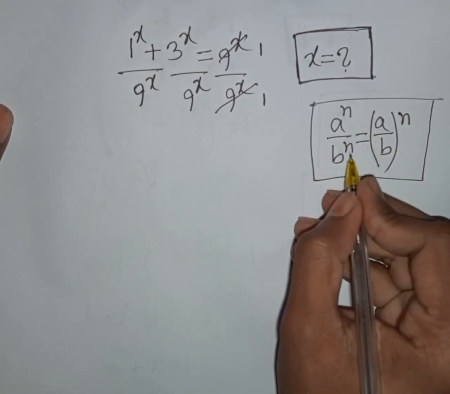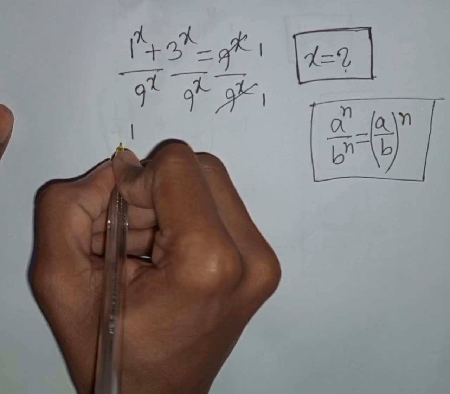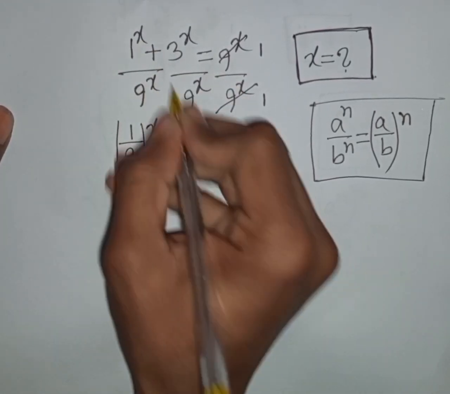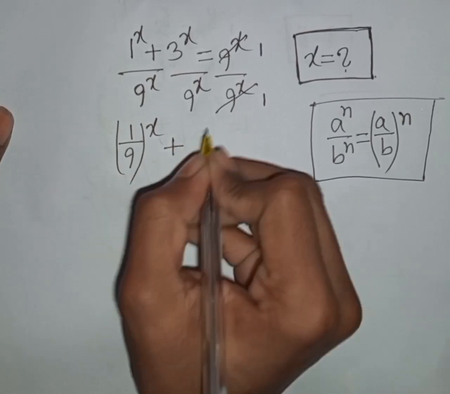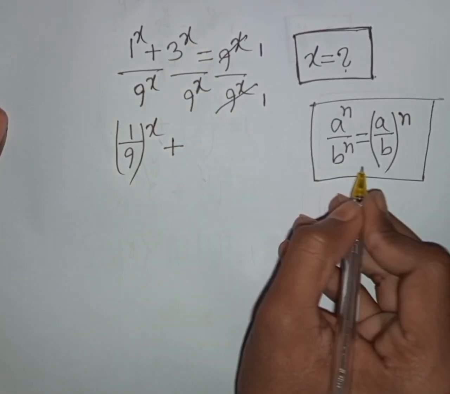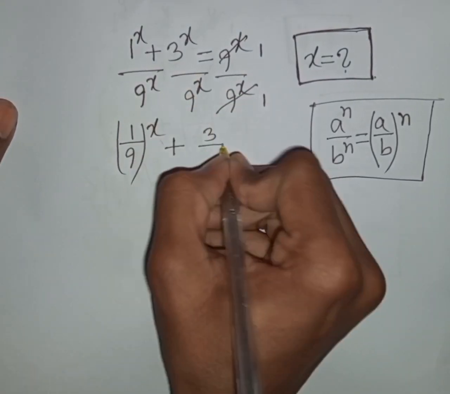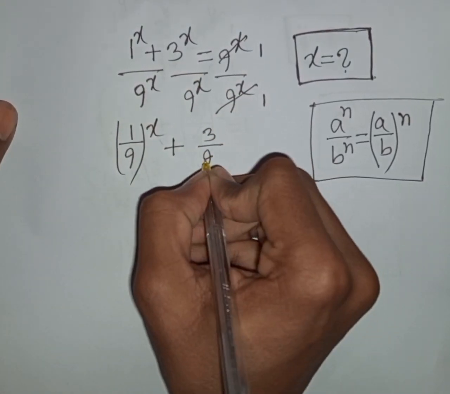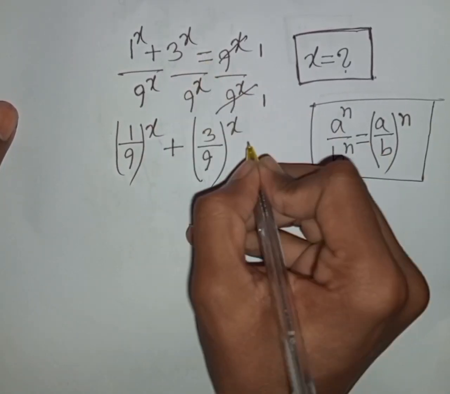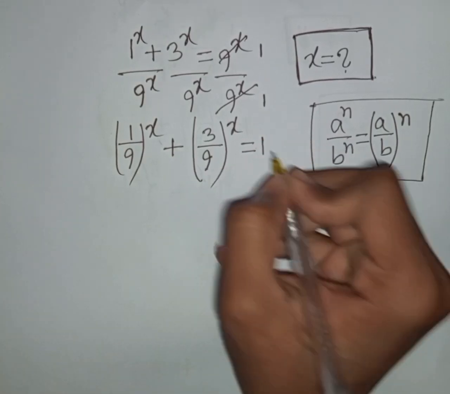So we can write 1 over 9, bracket, common power x, plus, again x is the same power but different base. So according to this exponential rule we can write 3 over 9, bracket, common power x, is equal to 1 divided by 1, that means it will be 1.